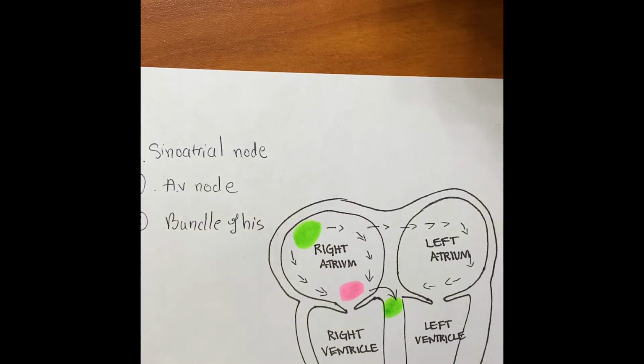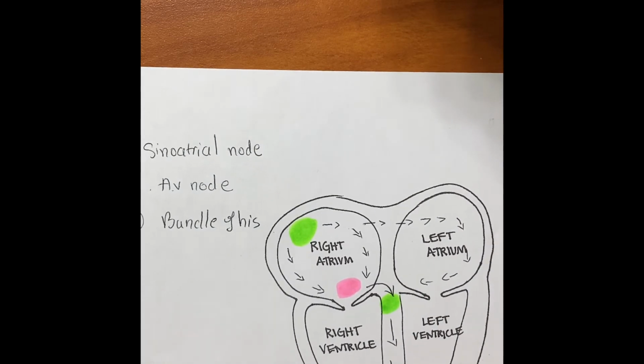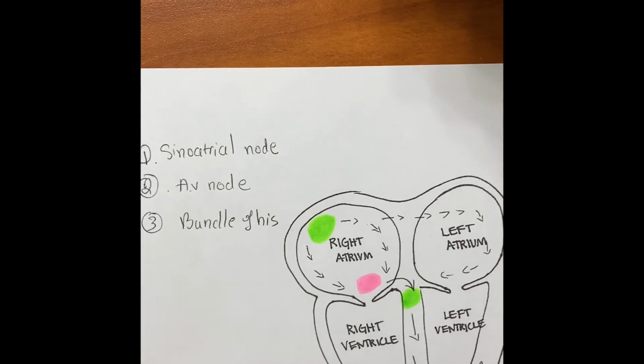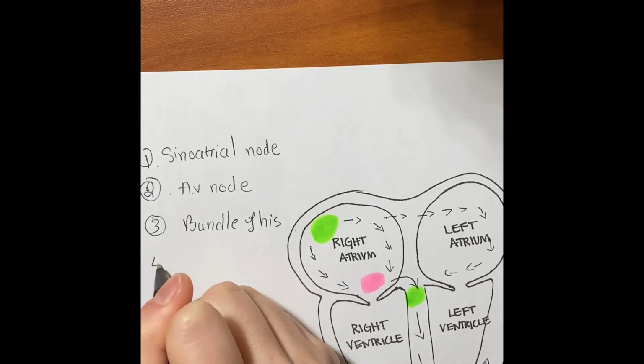When they travel down the bundle of His, they then split into the left and right branches, and from the bottom of those branches it takes a U-turn and travels up into the Purkinje fibers.